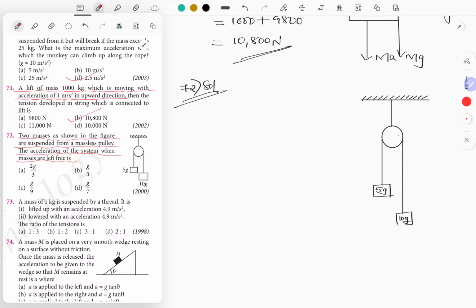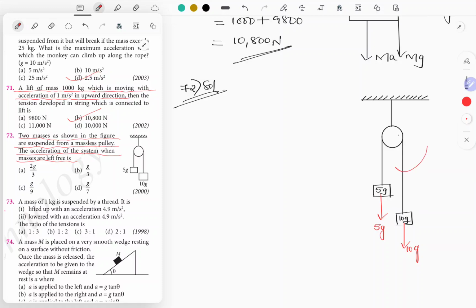Did they represent weight itself? Two masses as shown in the figure, they are masses. In the question they have already represented weights, that is 5 into g, 10 into g, which are acting downward. It's not 5 grams, it's 5 kg only, so 5g, and this is going to be 10g.